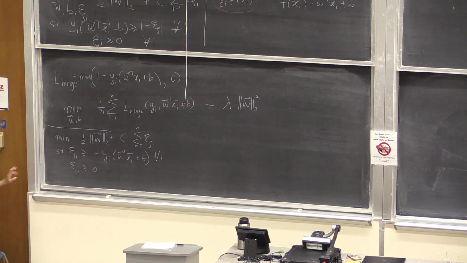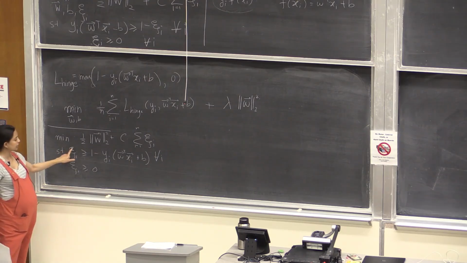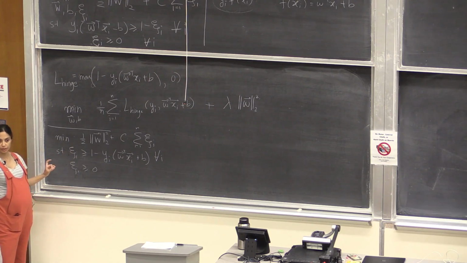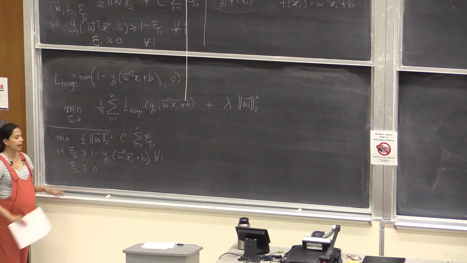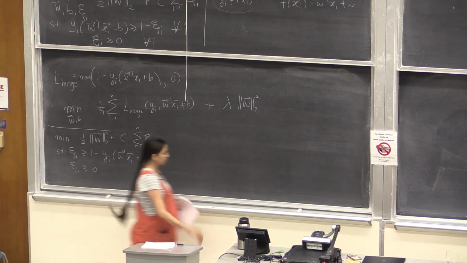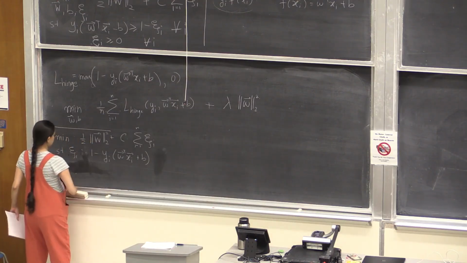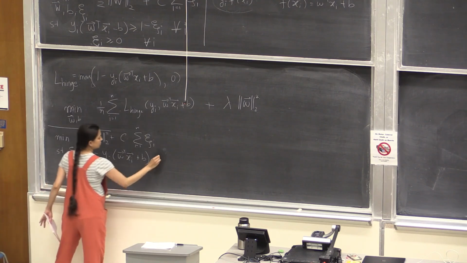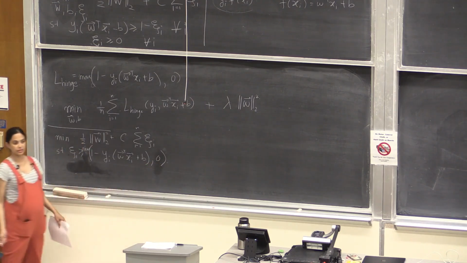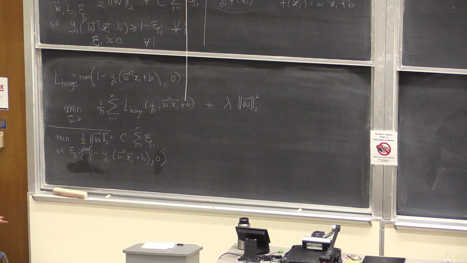I just rewrote this second condition by changing the order of where everything is. So now I have this condition as psi i greater than two things. Can I combine this to instead write max of this and 0? It needs to be greater than both of them, so it clearly has to be greater than the maximum.